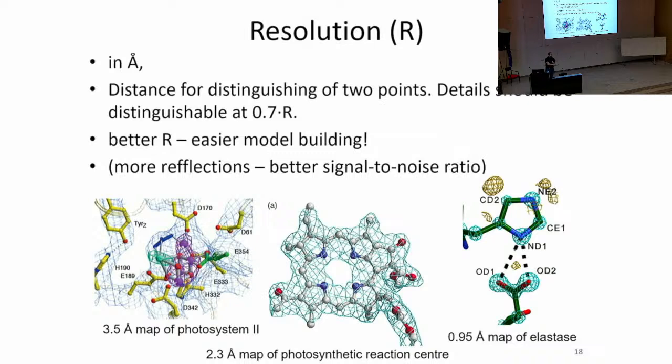You should check whether it's correct or not. And if the resolution is even better, almost 1 Å, then you are able to see everything, which is great, and you can quite nicely know how precise you are.